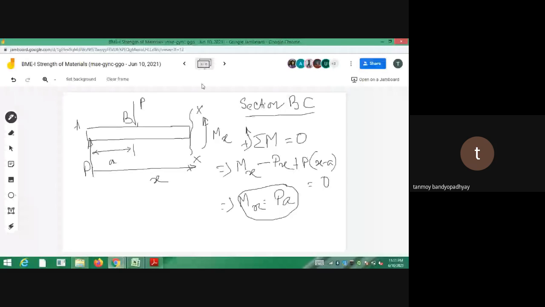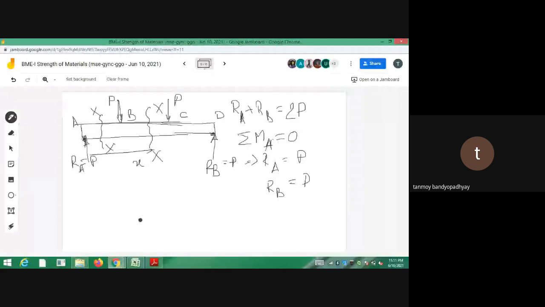Now if I draw the bending moment diagram, let us take the points. This is the point A, B, C, D. So what is the moment at the point A? It is 0. Then it varies linearly.